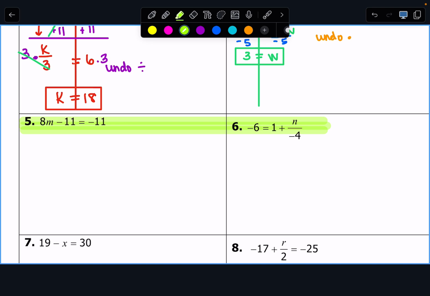Wait, what? Dude. What? Hey Logan, we're doing number 5 and 6. Do it. Where's the red thing? I did this.